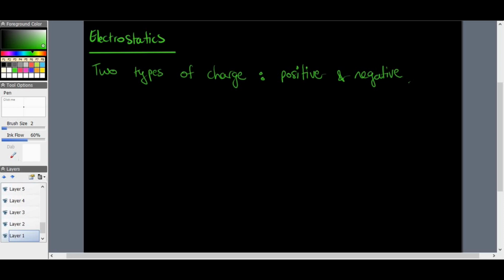Obviously, it's the same as a magnet, force of attraction. The North Pole is attracted to the South Pole, and the South Pole is attracted to the North Pole. Only insulators, substances which cannot conduct charge, can be charged by friction. With conductors, the charge leaks away over a period of time. So insulators, which cannot conduct charge very well, can be charged by friction, so lots of rubbing.